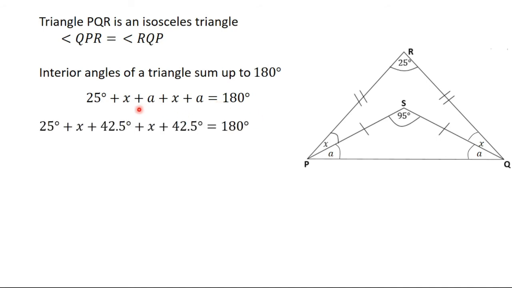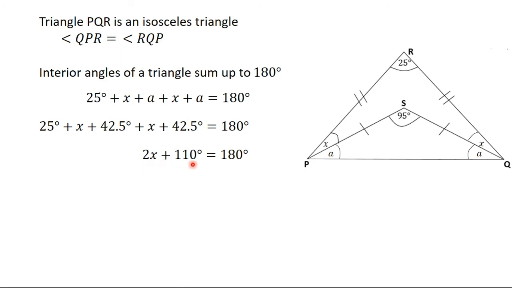We have found the value of A. A is 42.5 degrees. So we have 25 degrees plus S plus 42.5 degrees plus S plus 42.5 degrees will give us 180 degrees. We add all the numbers and we are getting 110 degrees. So S plus S will give us 2S.